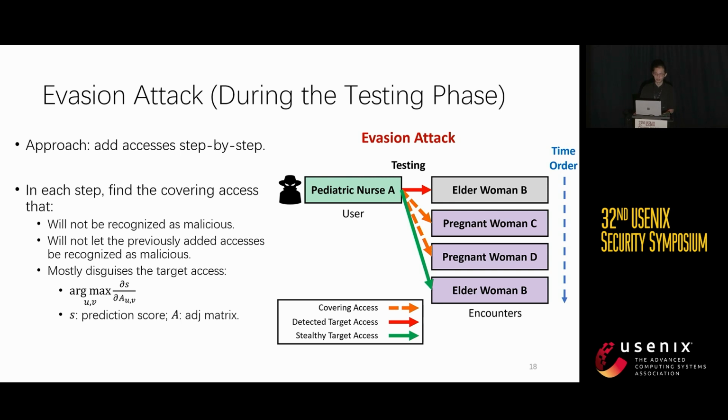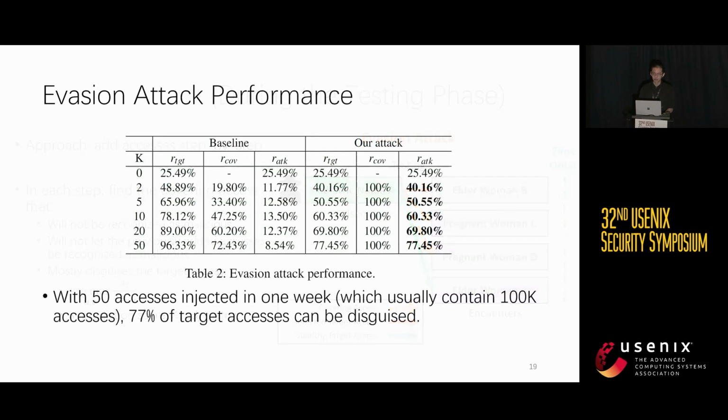From the accesses that satisfy these two constraints, we choose the one that can most improve the model prediction of our target access. That goal can be interpreted as finding the node pairs that have the largest gradient value in the adjacency matrix with respect to the model prediction. And we know that this can be achieved with standard gradient techniques in attacking machine learning models. And here we show the results of our attack.